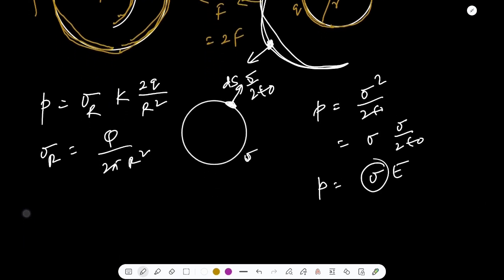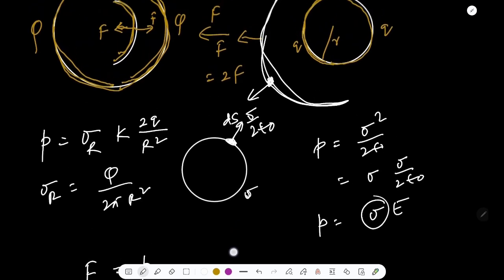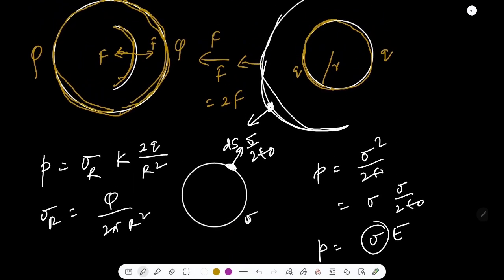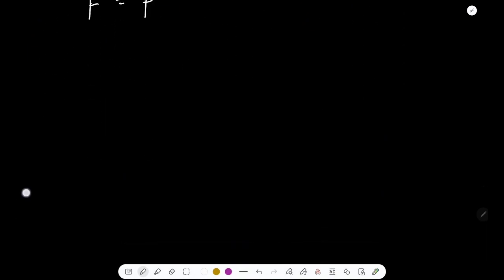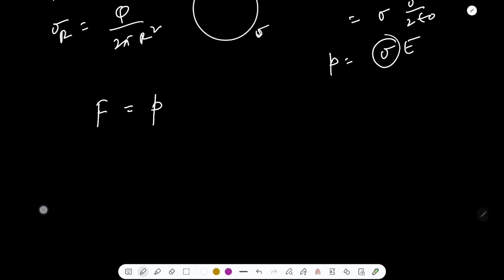And now I'm going to get the result, that force is equal to pressure multiplied by the projected area of this hemisphere, and the projected area is nothing but pi R squared. Of course, the projected area of a hemisphere will be pi R squared.